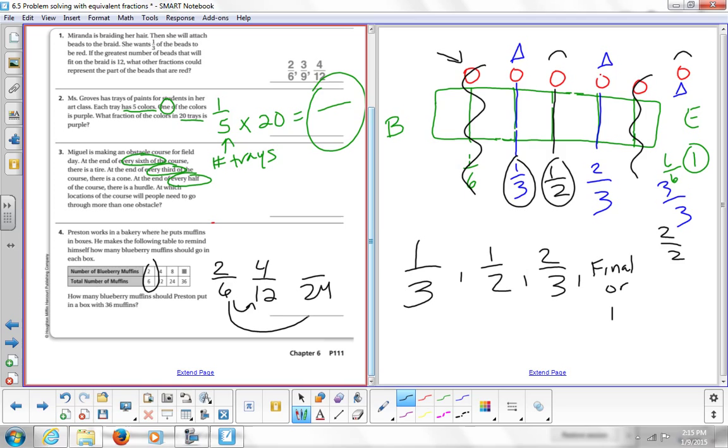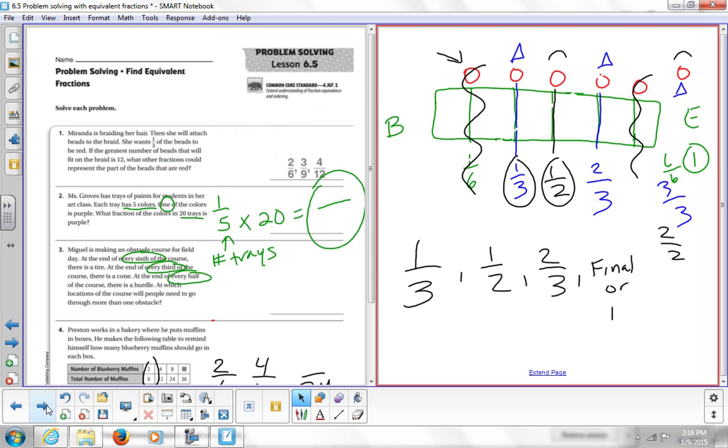How do we get from here to here? Okay, so 6 goes into 12 2 times. 2 times 2 is 4. You can go with 12 into here: 12 times 2 is 24. 4 times 2 is 8, and so on and so forth. See if you can figure that out. Your WSQ.